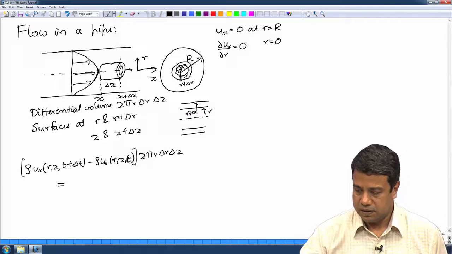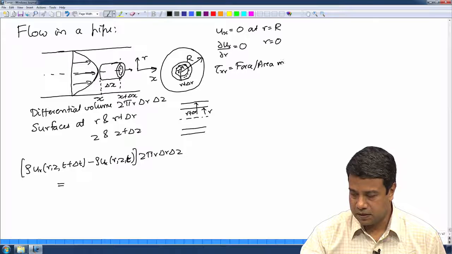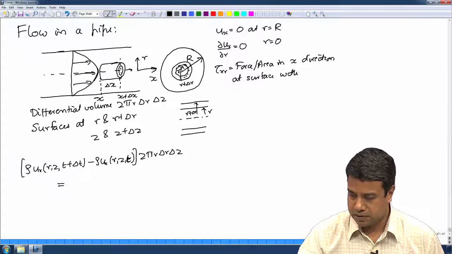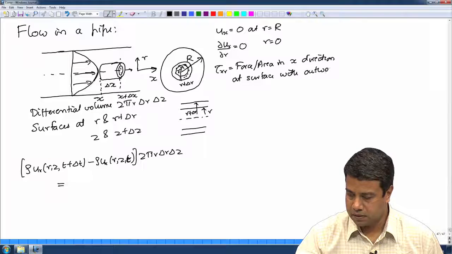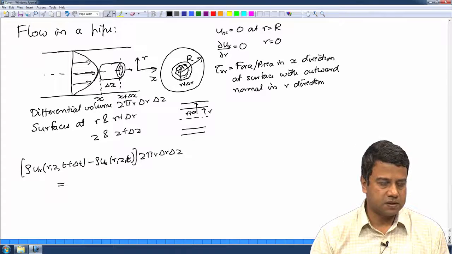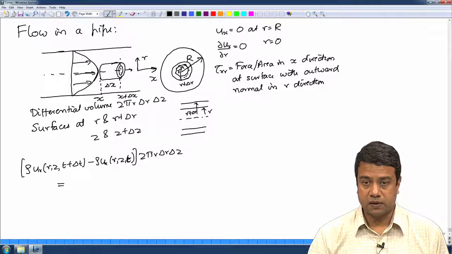We defined tau x r as the force per unit area in the x direction at a surface whose outward perpendicular is in the r direction.